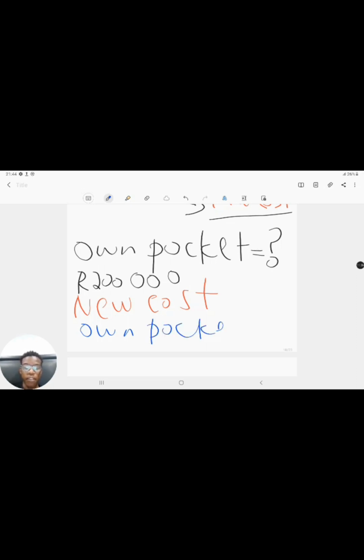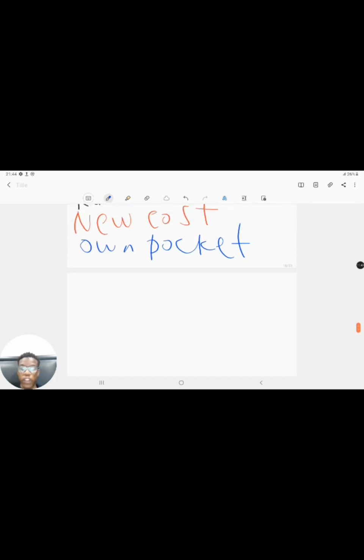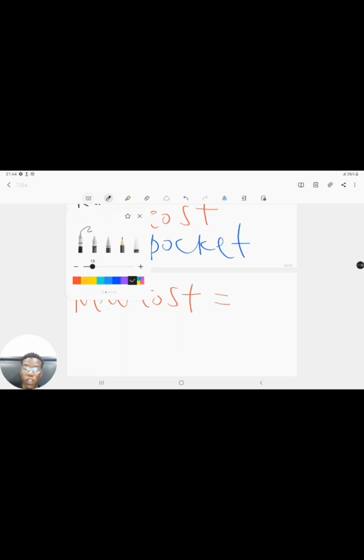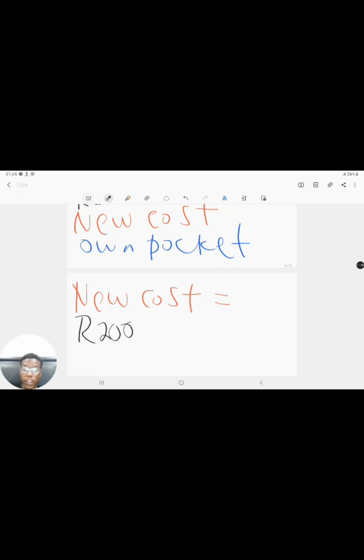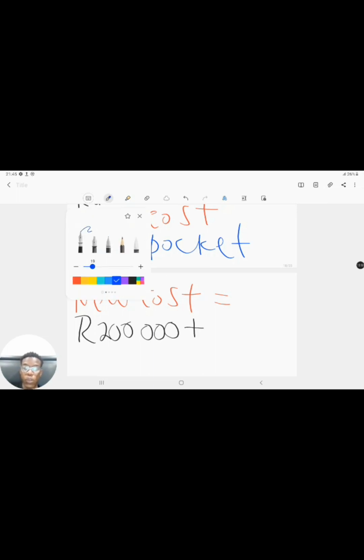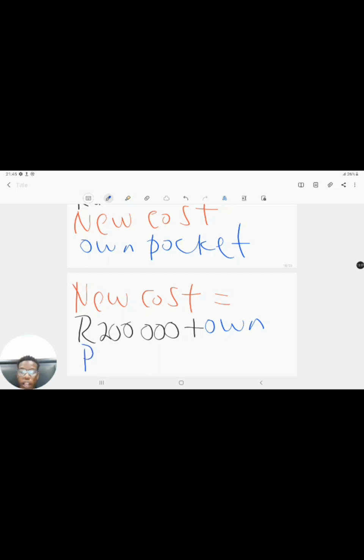And then therefore, the new cost of the tractor will be equal to the 200,000 that he has from the tractor that he's going to sell, plus the money that he will have to save up from his own pocket. He'll have to find this money somewhere.